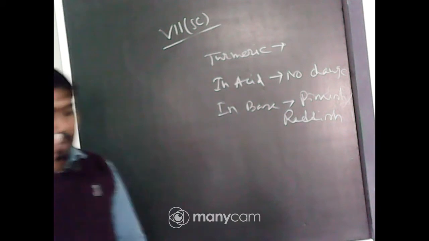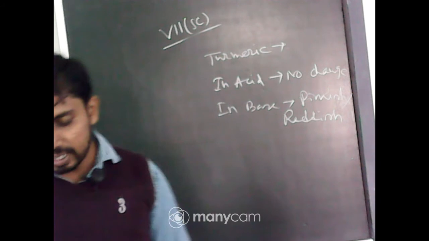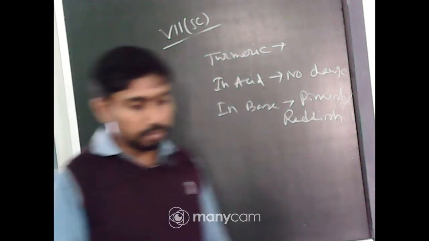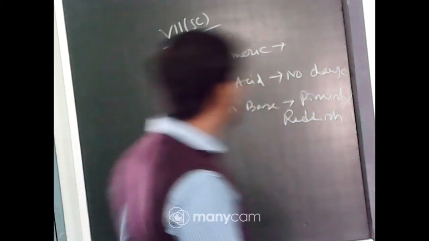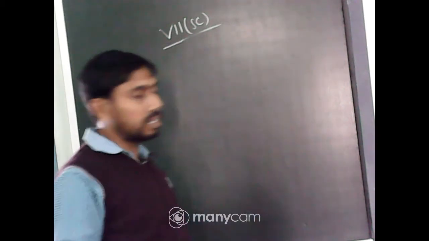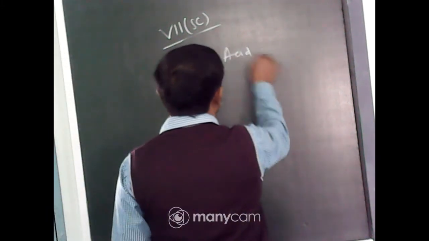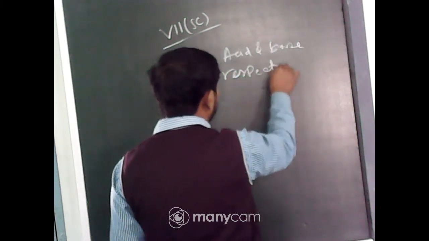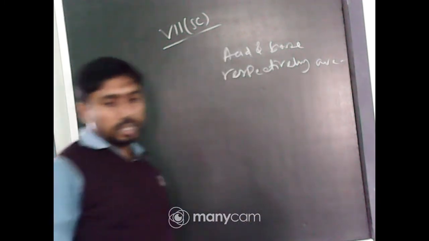Just I am repeating, I have discussed this question. Phenolphthalein is a synthetic indicator and its color in acid and base respectively are, just I told you.